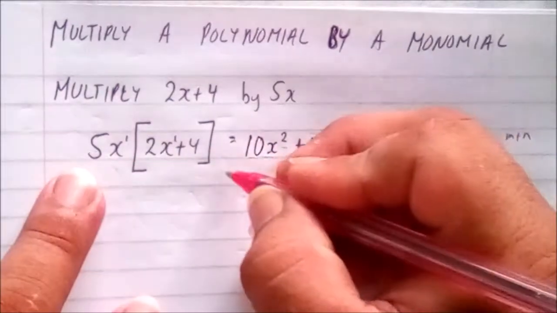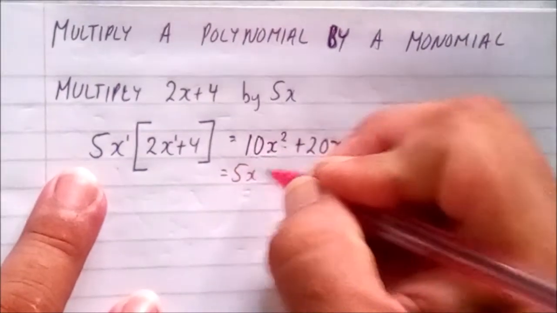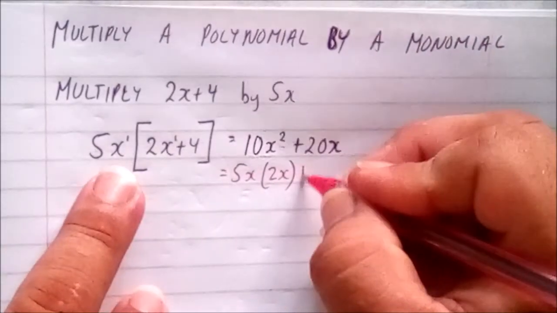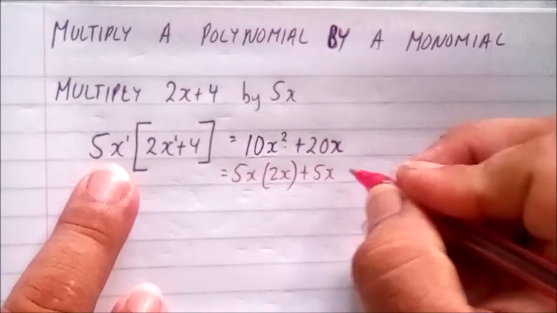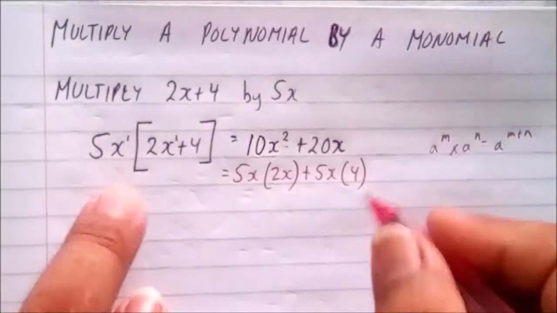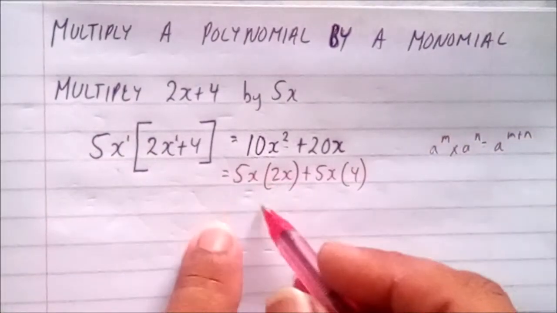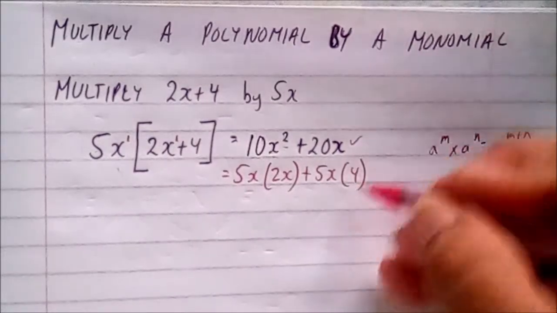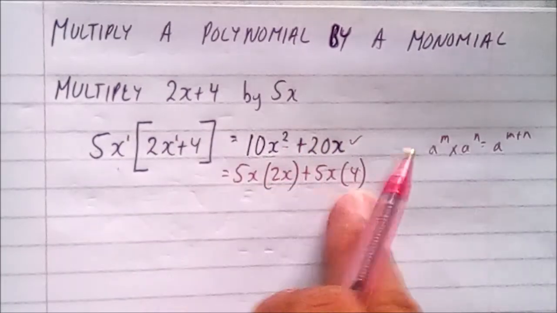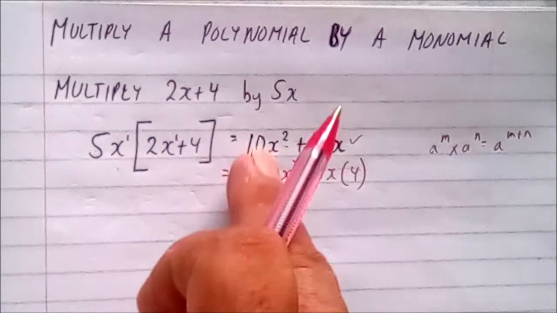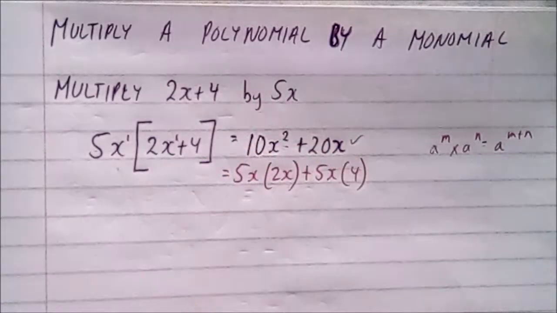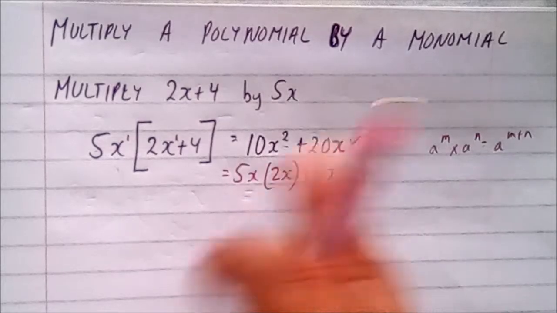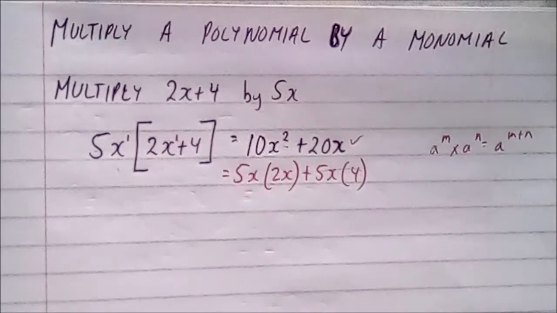This is as if we were to say 5x times 2x, and we have seen problems of this form, plus 5x times 4. Then we continue and multiply it out, and we end up with the same solution. But this is the solution here, not this one here. I'm just showing you this is what just transpired here by getting our answer. So this is the answer, not this bottom one. This is the midway step, or what we did just a while ago.